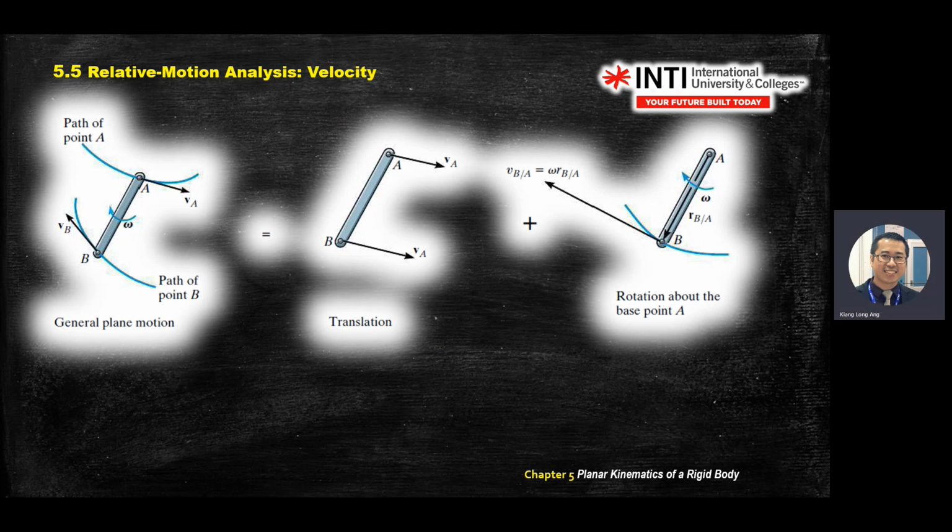Okay. Then you rotate at point A. So point A is fixed, B rotates. How to find V? V equal to omega R. Okay. V must be 90 degrees to R, this is your omega.